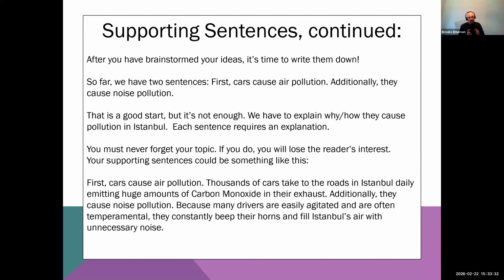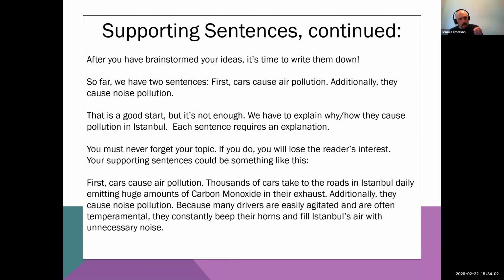Here's a sentence. First, cars cause air pollution. So that's my topic sentence. It's very brief, it's to the point. Excuse me, that's my first controlling idea. First, cars cause air pollution. Thousands of cars take to the roads in Istanbul daily, emitting huge amounts of carbon monoxide in their exhaust.